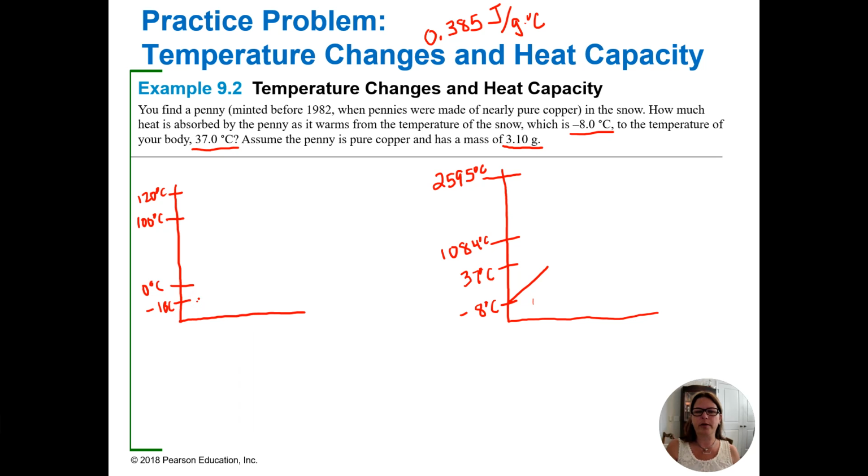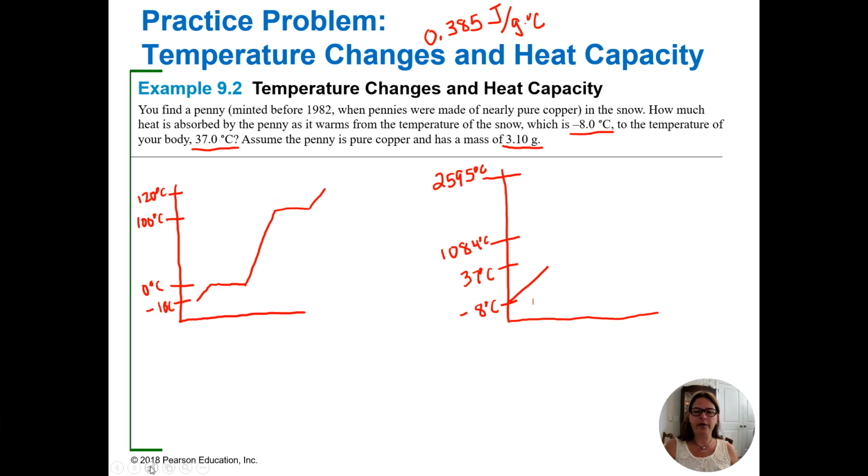So first and foremost, I have to heat the water up, or the ice in this case, up to its melting point. And that's going to be a certain amount of energy needed. Then I'm actually going to melt it. Then I'm going to heat it up some more. Then I'm going to vaporize it. Then I'm going to heat it up to my final temperature of 120 degrees Celsius.